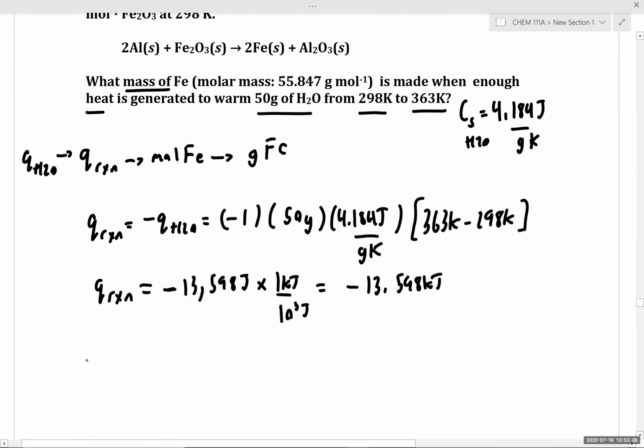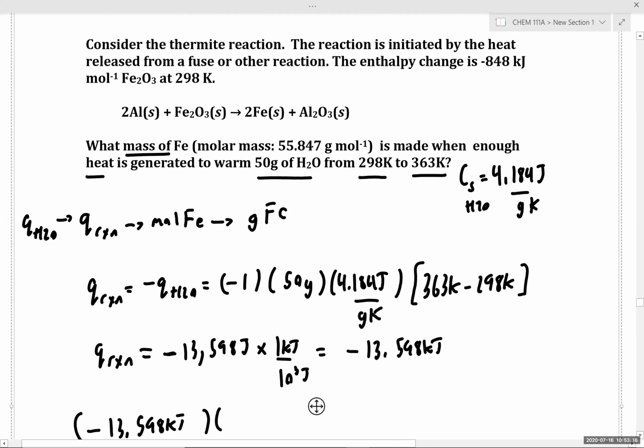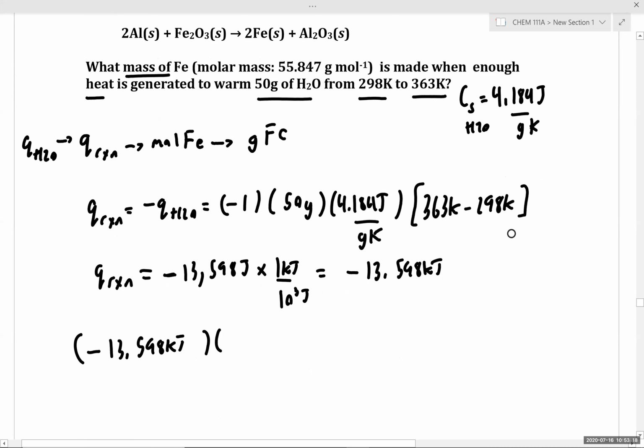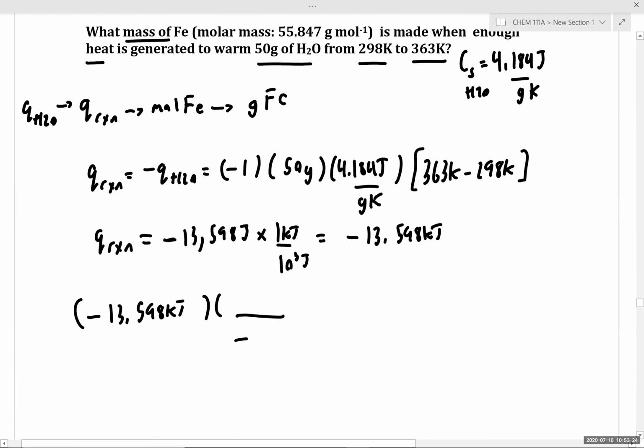Okay, so now that we have the heat of reaction, negative 13.598 kilojoules, we know, looking at our reaction enthalpy, we have negative 848 kilojoules.